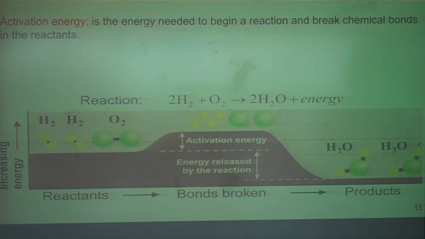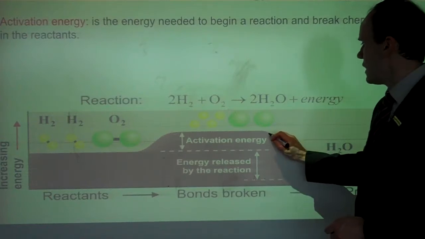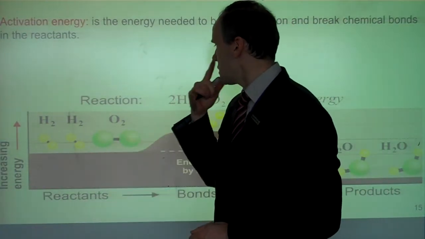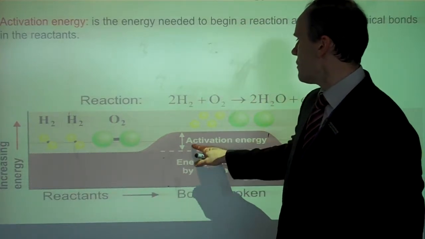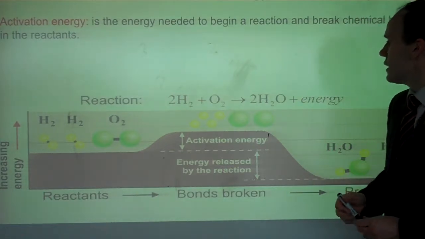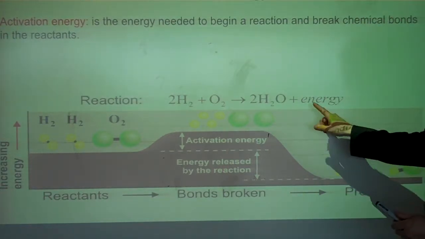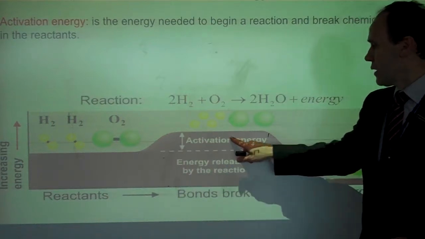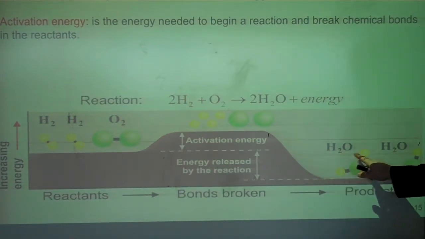And here's this idea of activation energy, where you've got your 2 hydrogens and some oxygen. If you give them enough energy, you'll end up producing water molecules and energy. So a little bit of energy needs to go in, and then you have your water as a product afterwards.